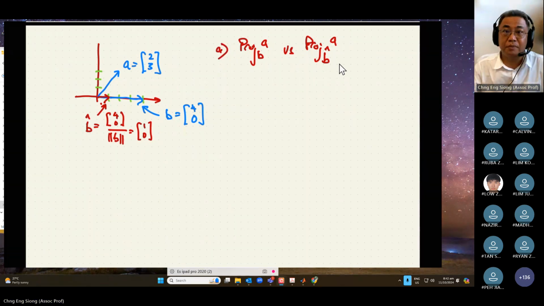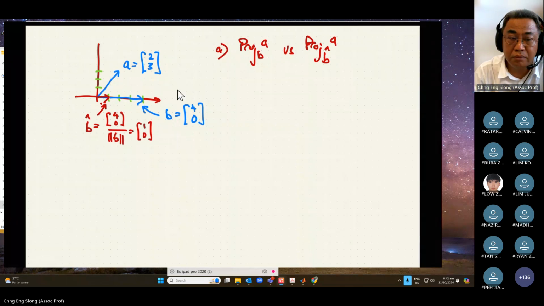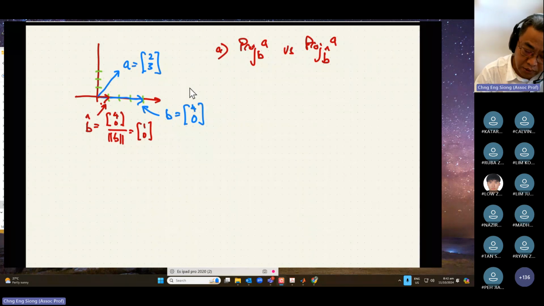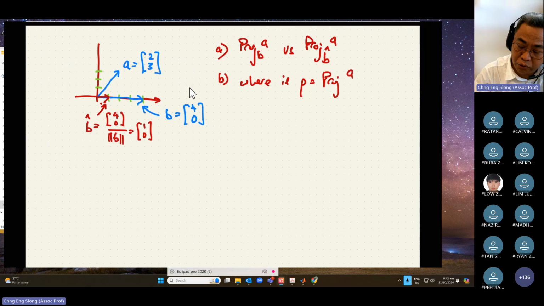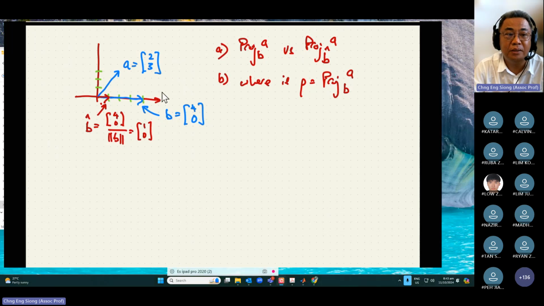Very good. So where would it reach? The second question in the quiz is, where is P, the projection of A onto B? Yes, the answer is the same. Very good. So now the second question is, where is P? Projection of where? Where in this picture?